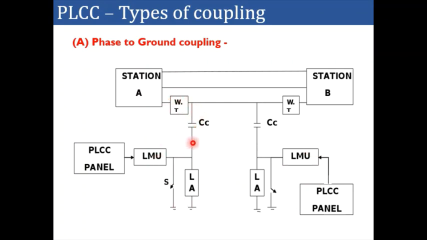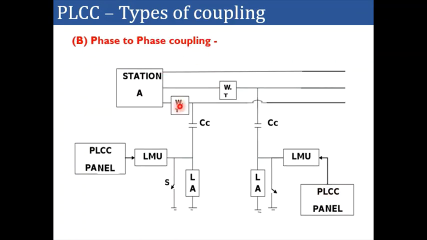At the transmission side, we have the PLCC panel which clubs the voice or data with the carrier wave, and then via the line matching unit it goes to the coupling capacitor and travels, and at the receiving end, via the coupling capacitor and line matching unit, it goes back to the PLCC panel.